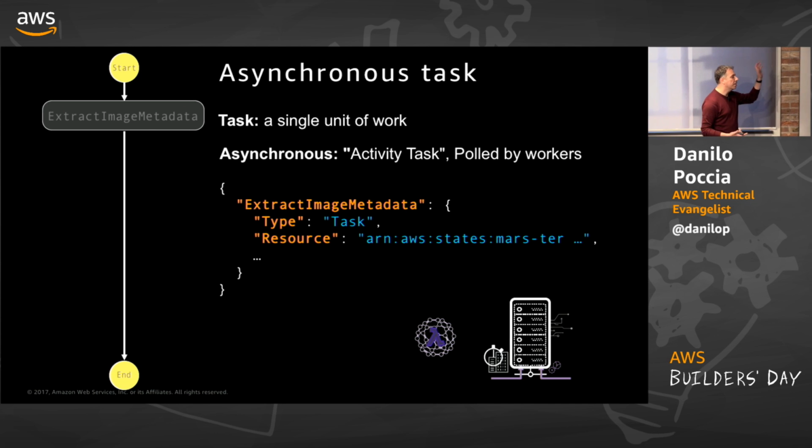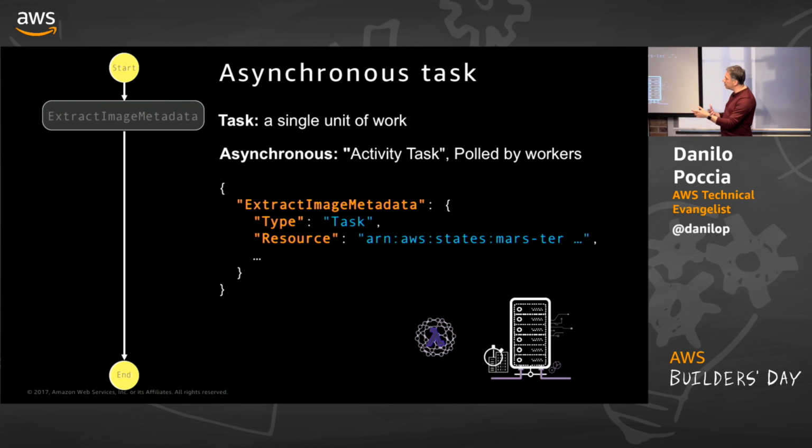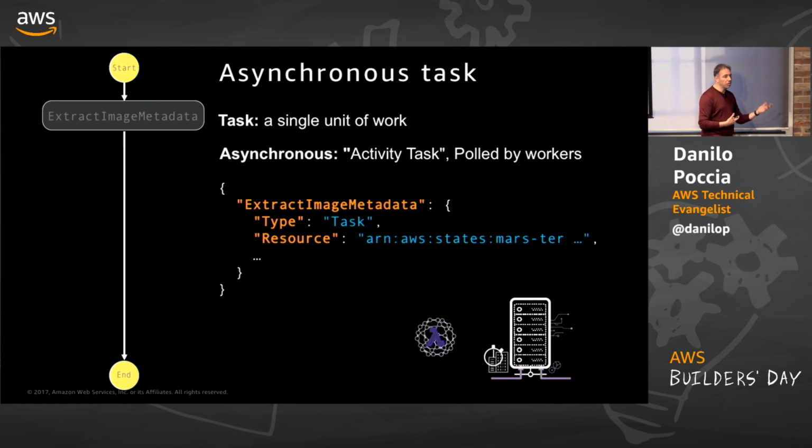They ask, is there something to do for this activity? When something goes into the queue, they receive the input state. They can do their processing, even human validation, and then they can say that this activity terminated correctly or with an error.